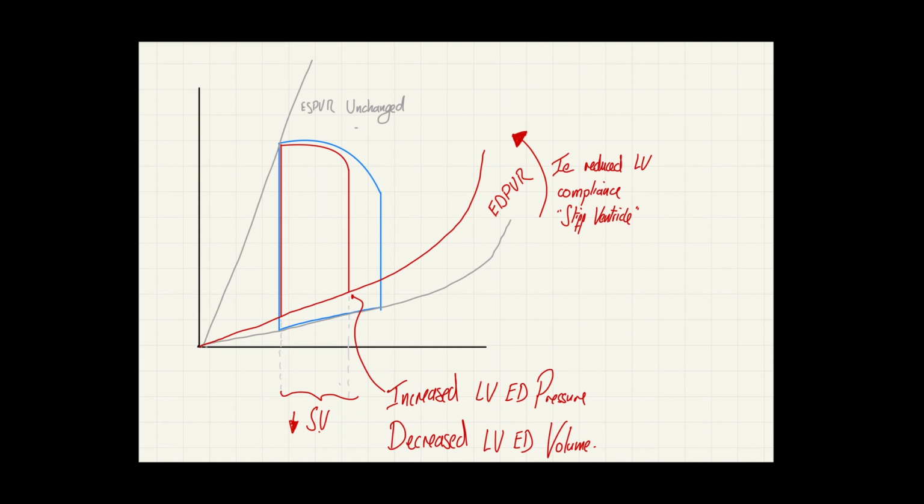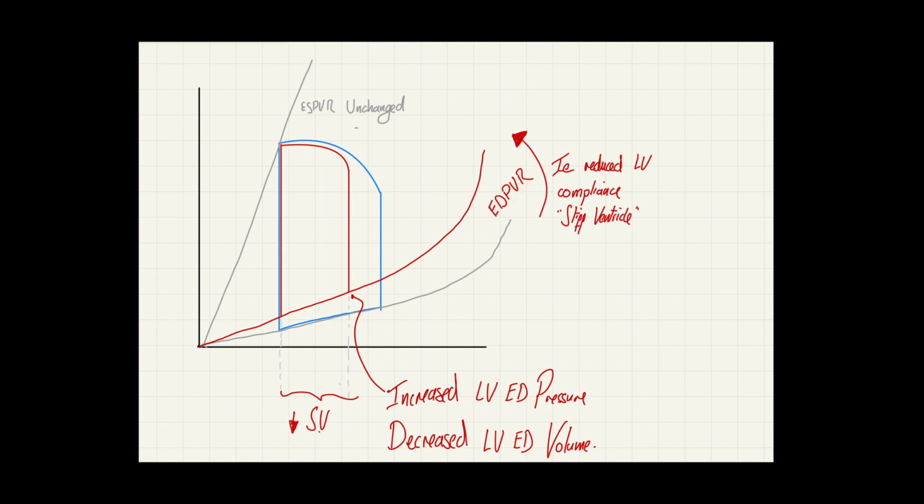Nothing really happens in an independent manner in physiology. But for this example, we will stick with an unchanged systolic function of the heart, an unchanged contractility of the heart.